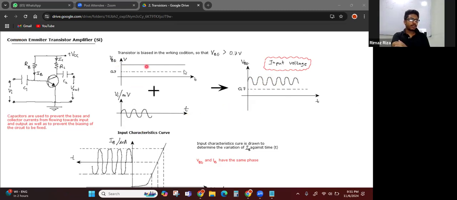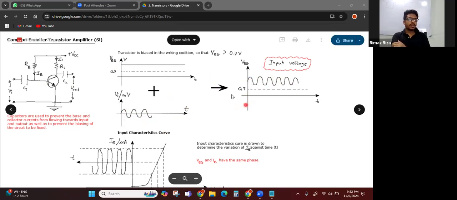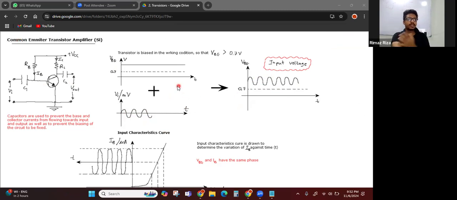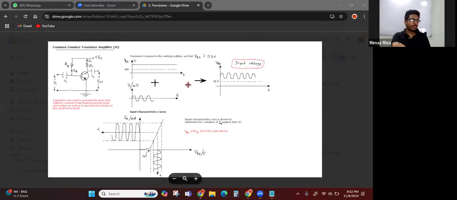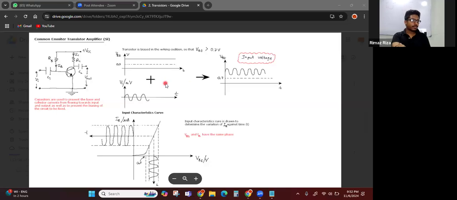So here is this voltage, and then the input voltage. If we add these two, this addition is very similar to wave superposition. You just have to add the amplitudes of the two waves.